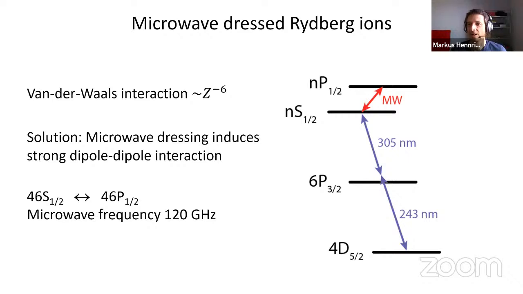So in our case, since we have an ion, we have a doubly charged core and a single Rydberg electron, which means Z in our case would be equal to 2. Compared to Rydberg atoms, where Z is equal to 1, this of course is already a factor 2 to the -6 that reduces the strength of the van der Waals interaction.